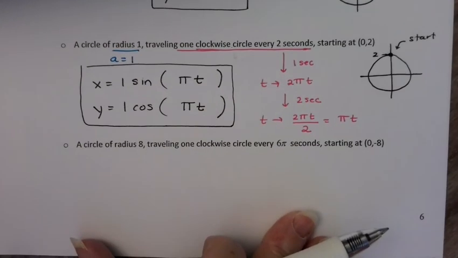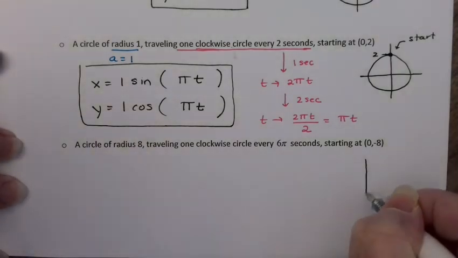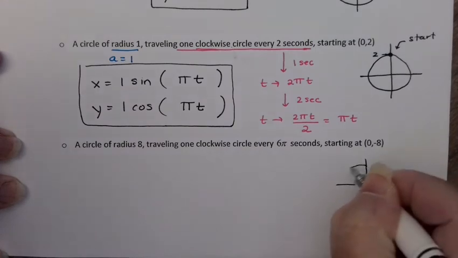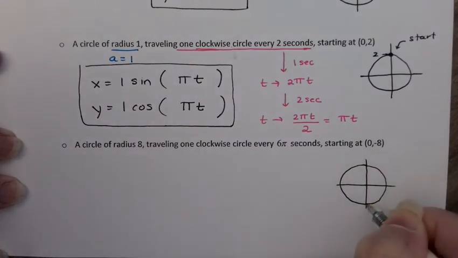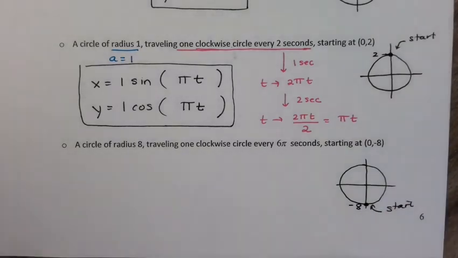All right, one more of these. This time we want a circle of radius 8, traveling 1 clockwise circle every 6 pi seconds, starting at 0, negative 8. So 0, negative 8.